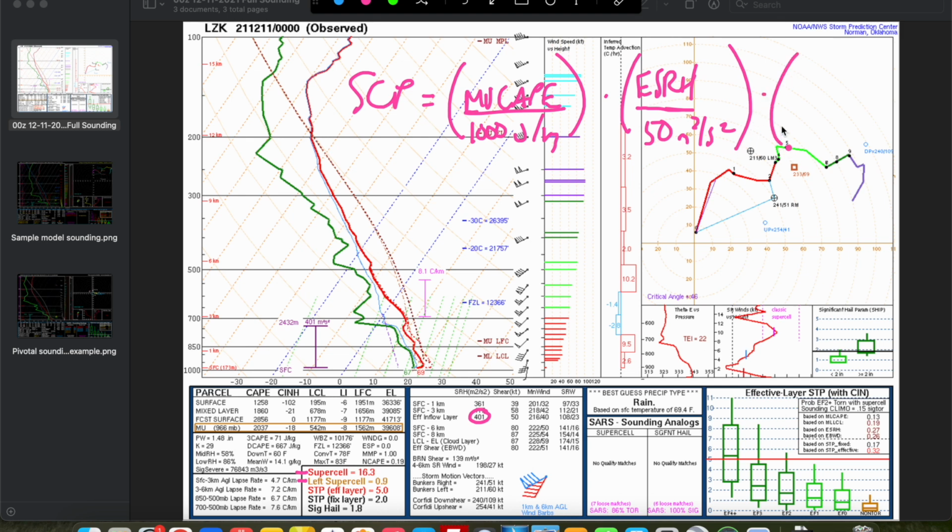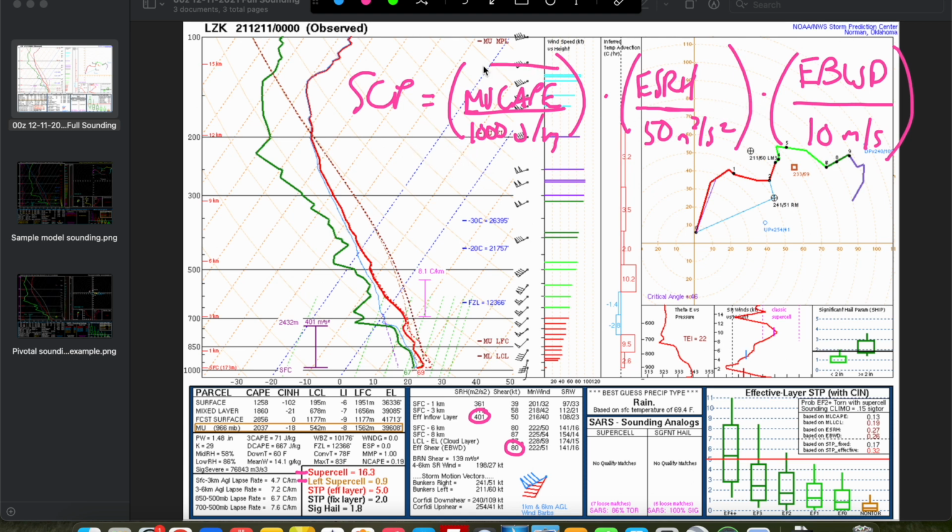And then we multiply this by a final term that takes into account the effective bulk wind difference, or basically effective bulk shear, listed down here, divided by 10 meters per second. So once again, we're kind of standardizing all of these values to get one sort of unitless value that helps us assess the potential for just supercells, rotating thunderstorms here.